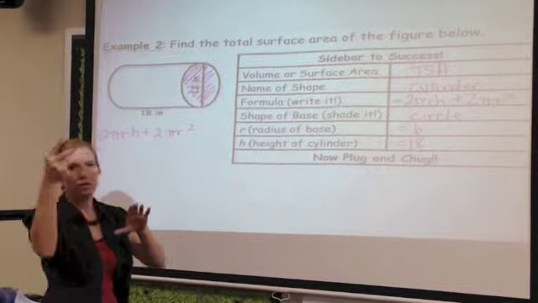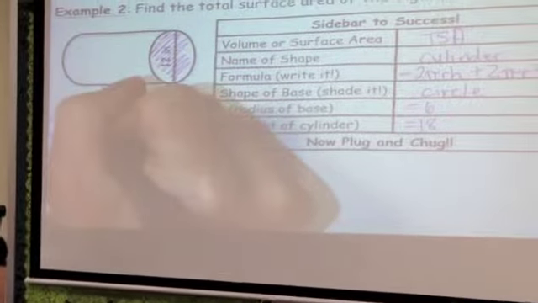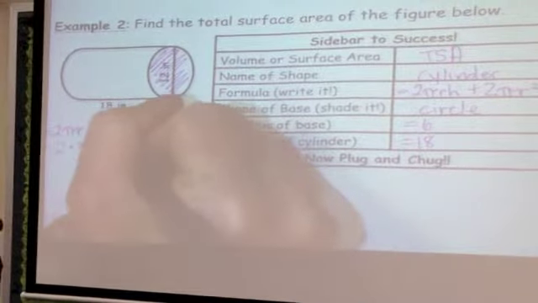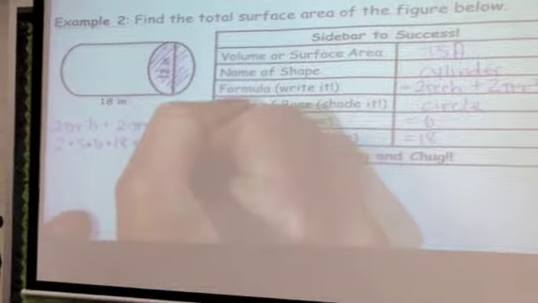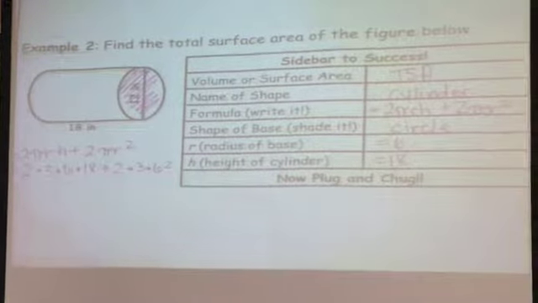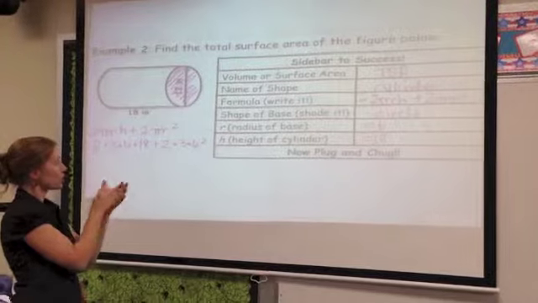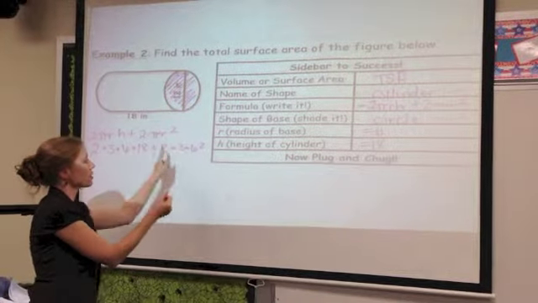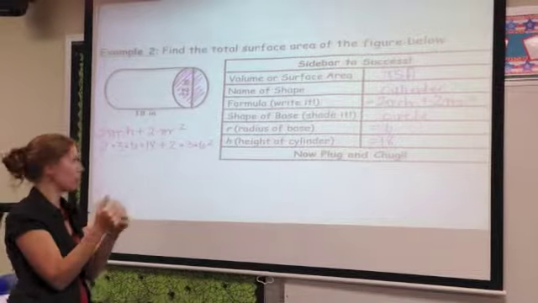So 6 squared. I'm going to solve this section first, write it down, and then I'm going to solve this section next and write that down, and then add them together.